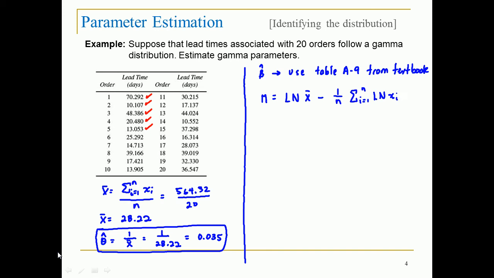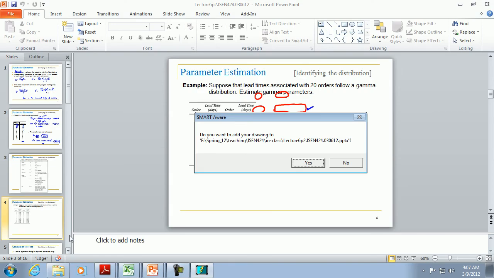Then you have to compute 1 over m. Okay, so we need this value 1 over m in order to use the table that is presented in the appendix of your textbook.